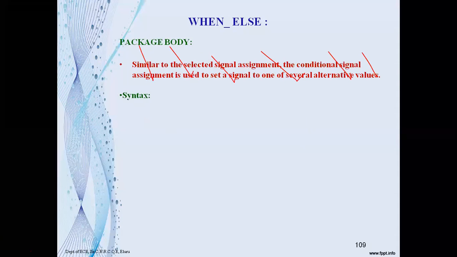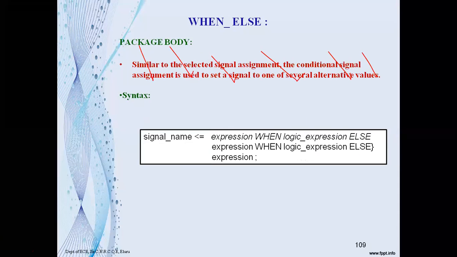So when else is just like a case in the C language. You have if, else if, else. If a condition is met, one thing happens; otherwise, else. The same thing we will see here using when else. Here we will have a signal to which you can assign the output. When the logic expression is met, it will assign a value.